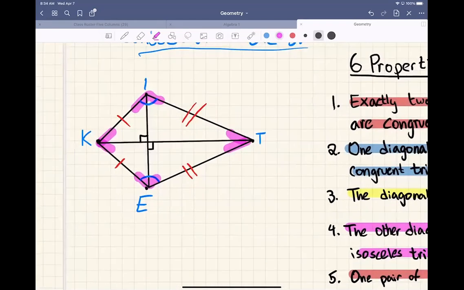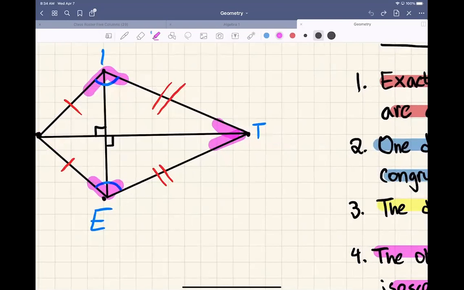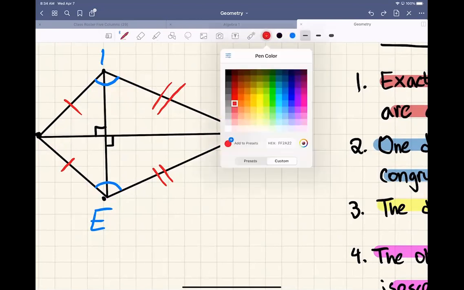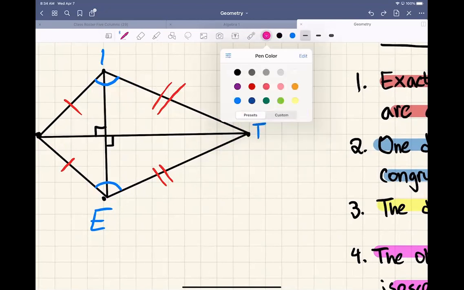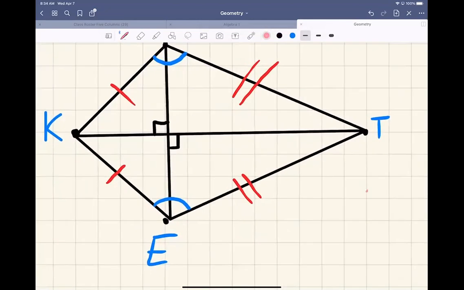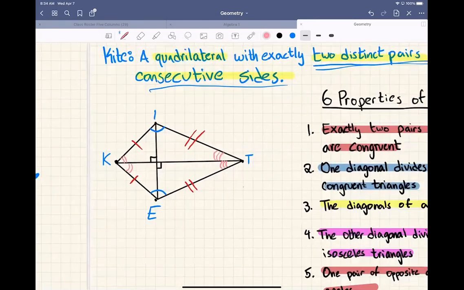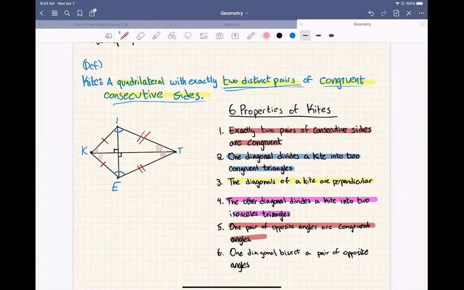So in other words, let's use pink. This angle is going to be congruent to this angle because they're divided in half perfectly. And this angle is going to be congruent to this angle. And same thing over here. And that's basically it. Those are the 6 properties of a kite.